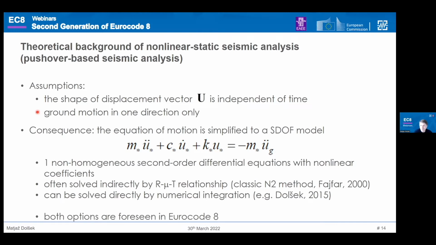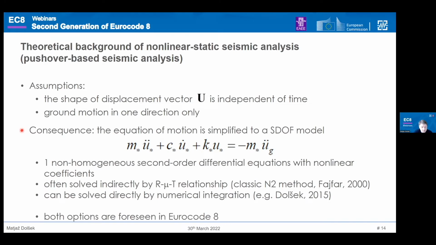Why? Because we would like to get the single degree of freedom model. If we have a single degree of freedom model, we cannot have ground motion actions in more than one direction. So the consequence of this assumption is that we can simplify the n-dimensional equation of motion to the equation of motion for the single degree of freedom model.